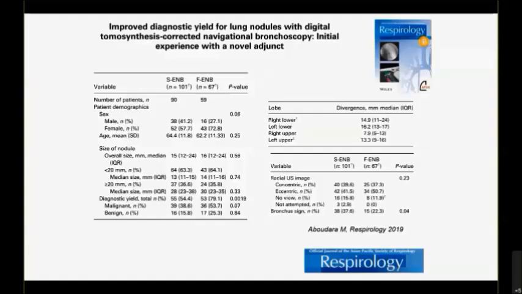The majority of them, 60 to 65%, were less than 2 centimeters. And on the right side, the bronchus sign was only present in about 37% before introduction of fluoroscopic navigation and 22% after. So by and large, these were nodules that did not have an airway leading right into the nodule.